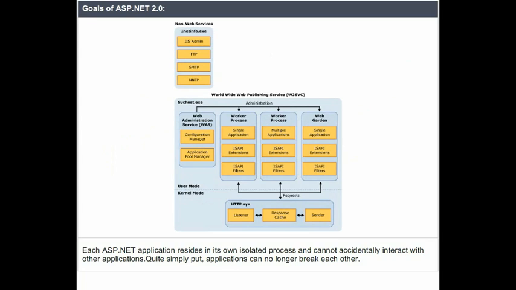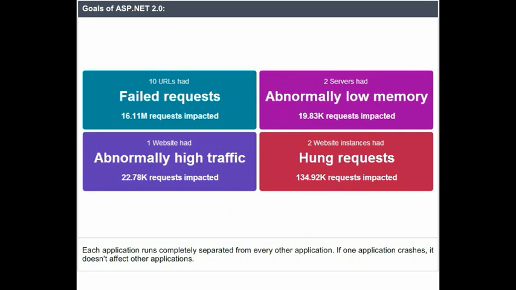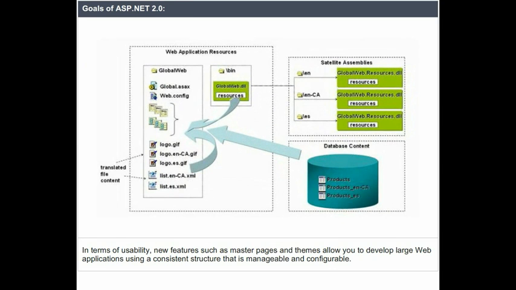Each ASP.NET application resides in its own isolated process and cannot accidentally interact with other applications. Quite simply put, applications can no longer break into each other. Each application runs completely separated from every other application. If one application crashes, it doesn't affect other applications.